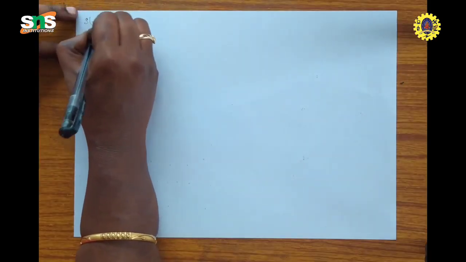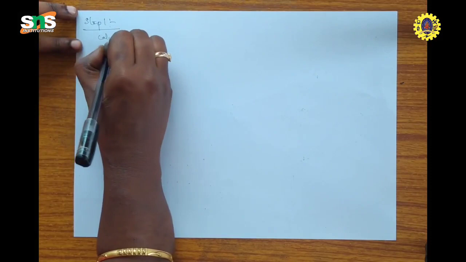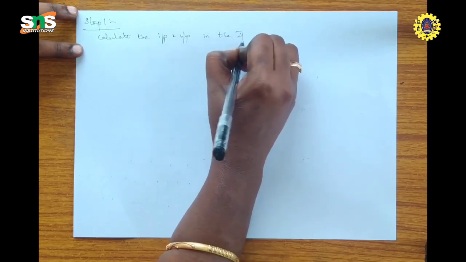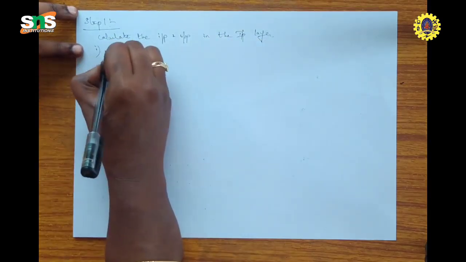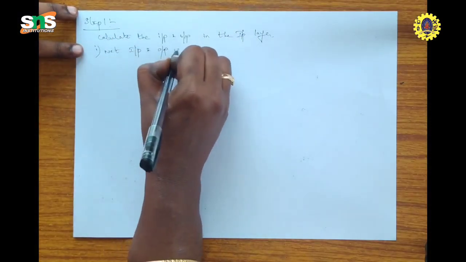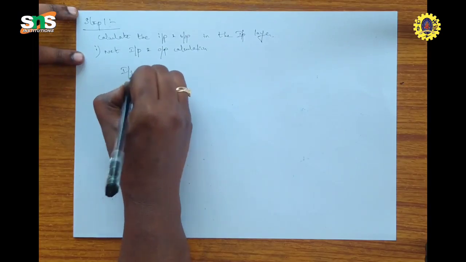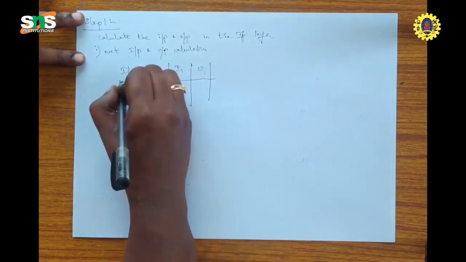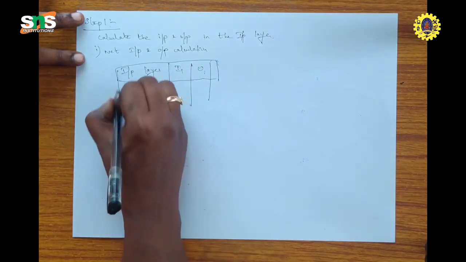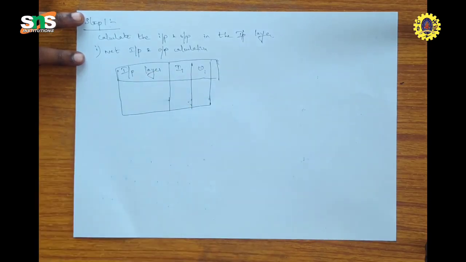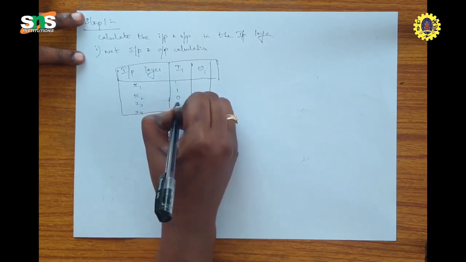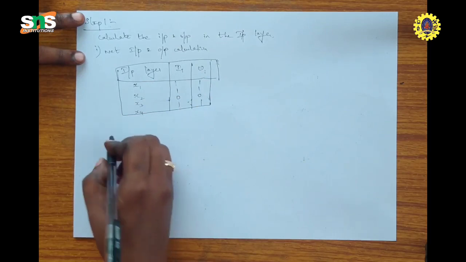Step 1 is to calculate the net input and output calculation in the input layer, input of I and output of I. The input layers are x1, x2, x3 and x4, with values 1, 1, 0, 1, and the outputs are the same.